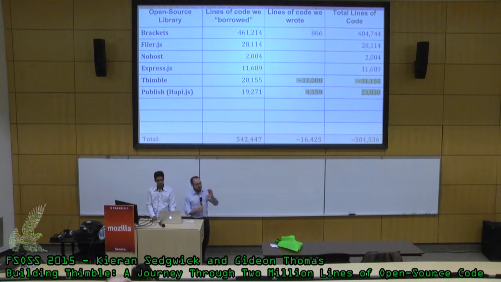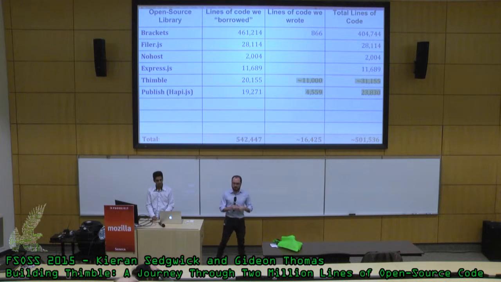So this represents the main dependencies, third-party libraries that we leveraged, the old Thimble code base that we revamped, and all of the code that we wrote to create what you saw in that video at the beginning: 16,000 lines of code.